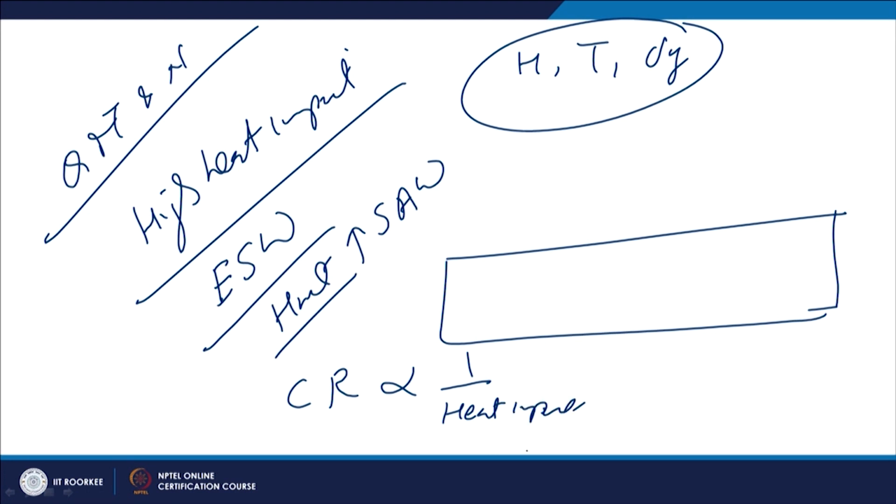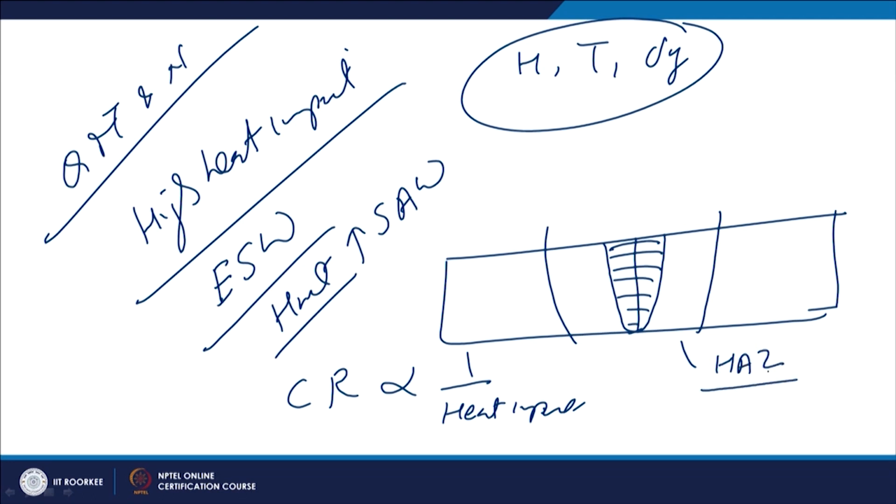So, if the heat input is very high during the welding of mild steel in Q&T or normalized condition, then the cooling rates will be very low, either in the weld metal zone or in the heat affected zone, especially during welding by the electroslag welding process.